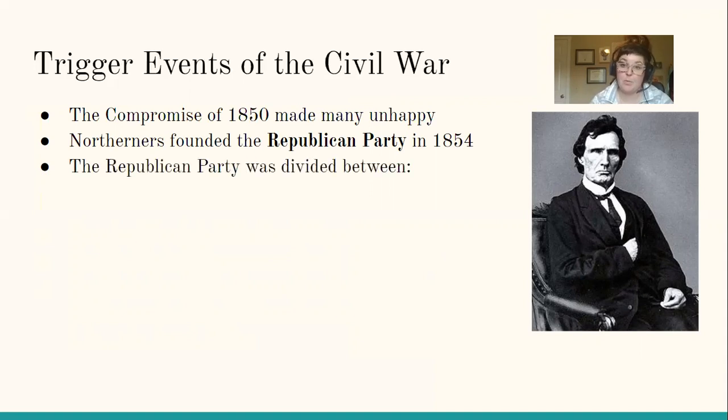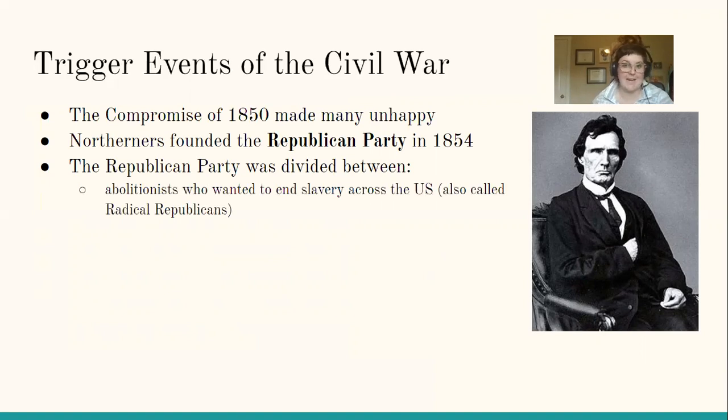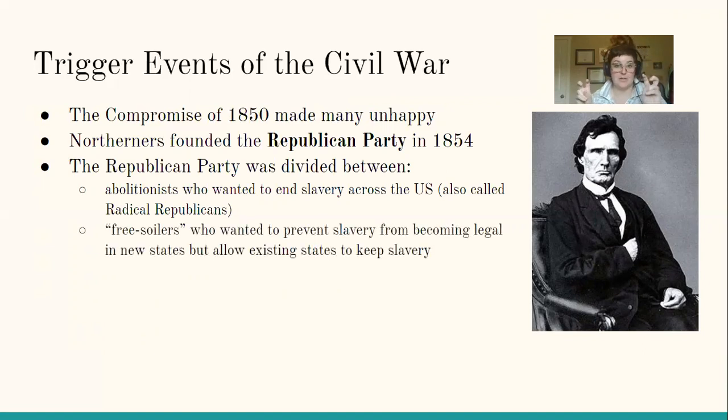The Republican Party was divided, even initially, between abolitionists who wanted to 100% end slavery across the United States, known as radical Republicans, and the free soilers, who wanted to prevent slavery from becoming legal in new states, but allow existing slave states to keep slavery. They were basically saying, we'll let the slave states keep their enslaved people, but we'll stop any other territories from entering as slave states. That was their compromise.